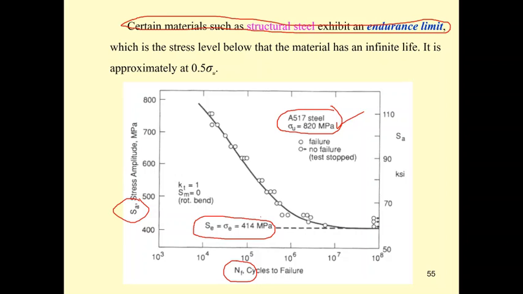So the allowable stress for the steel is going to be 120 megapascal. Structural steel also has an ultimate stress of 400 megapascal, and using this approximation, the endurance limit of structural steel is supposed to be 200 megapascal. So our allowable stress is less than the endurance limit, and most civil engineering structures are safe for fatigue due to code specifications.